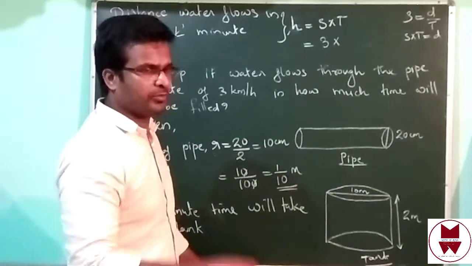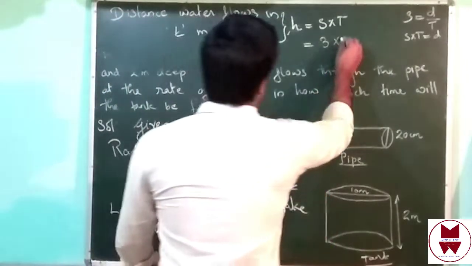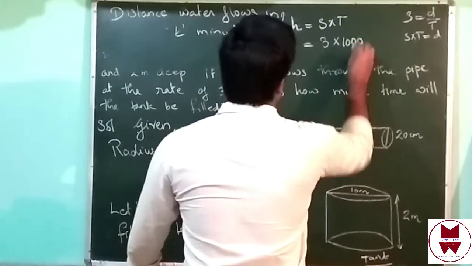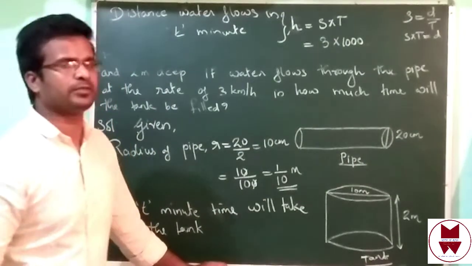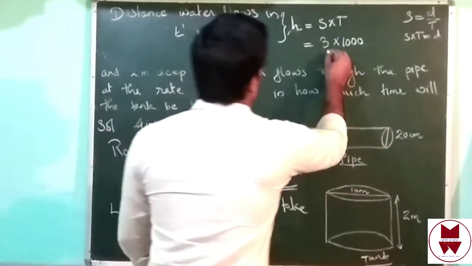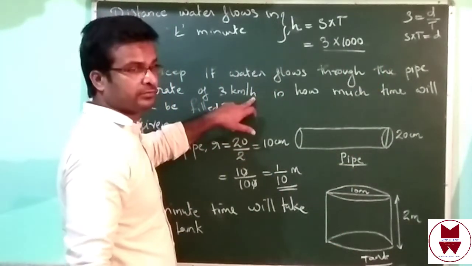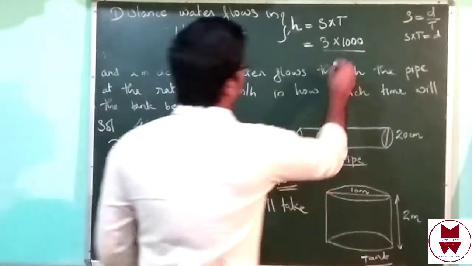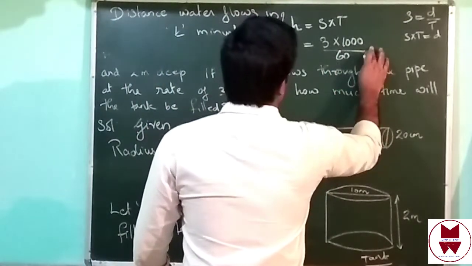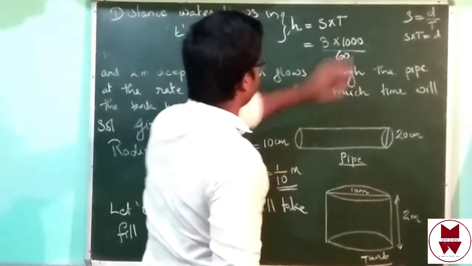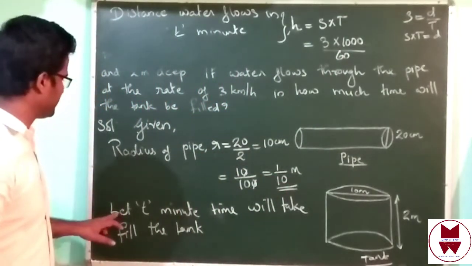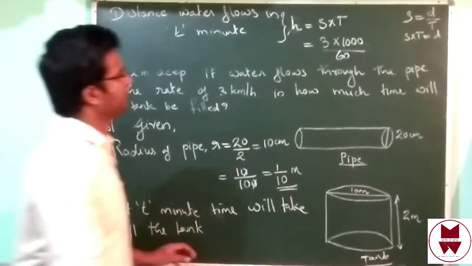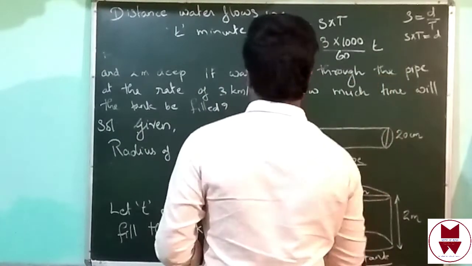3 kilometer, how much meter? Multiply by 1000, because 1000 meter is 1 kilometer. Divide by 1 hour, how many minutes? That is 60 minutes, into time. What is time? Time we already took, let t minute, isn't it? Then that is small letter t.